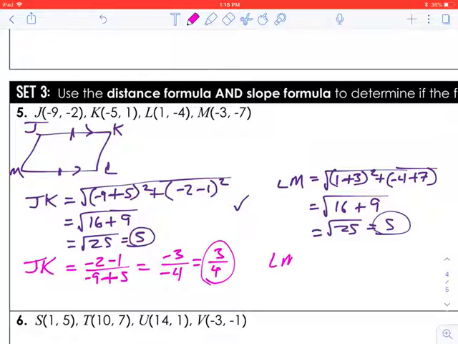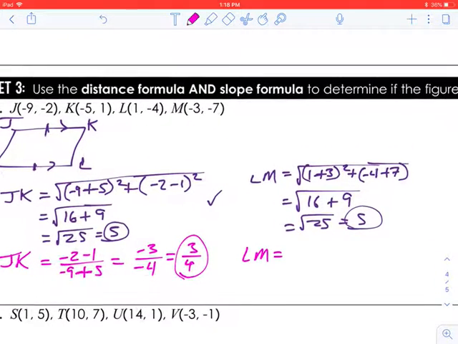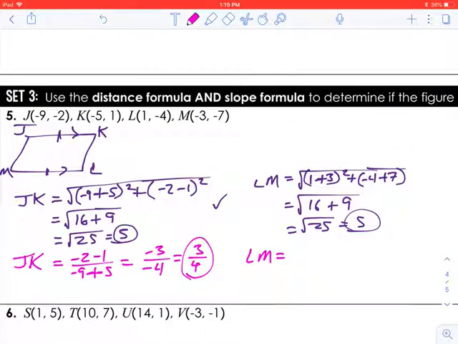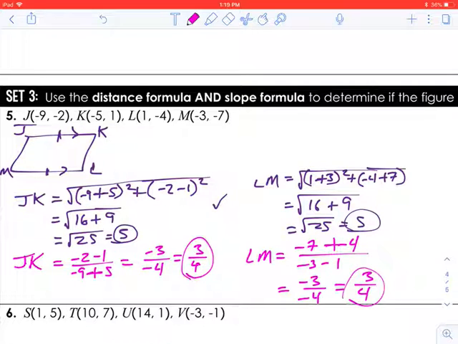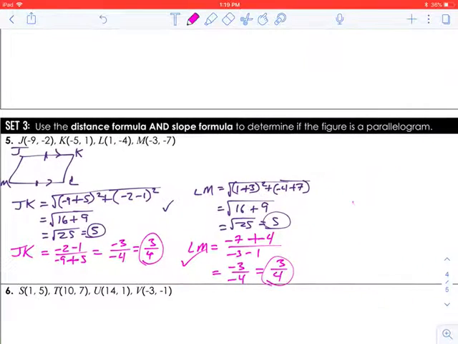All right, let's check the slope for LM. Got y minus y, so -7 minus -4 over -3 minus 1. So I end up with -3 over -4, which is indeed 3 over 4. So the slopes check out, and that is a winner.